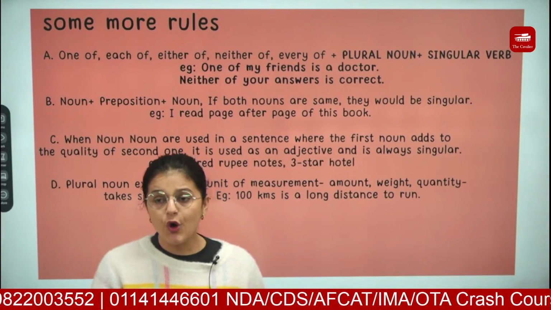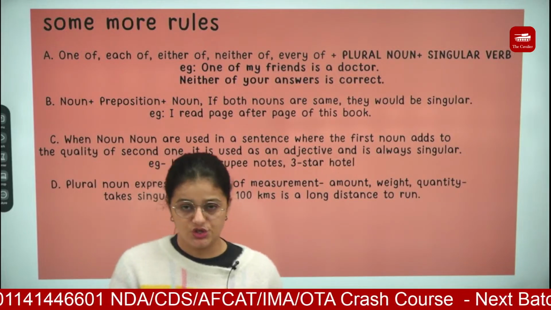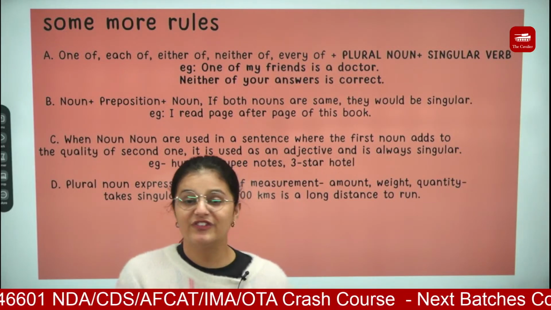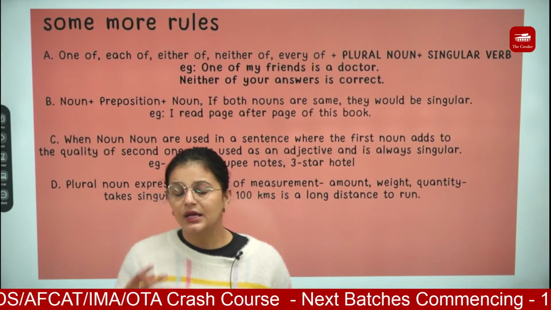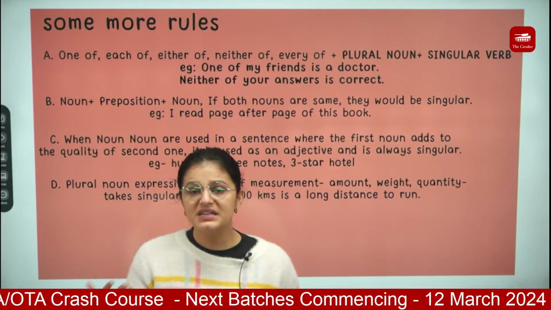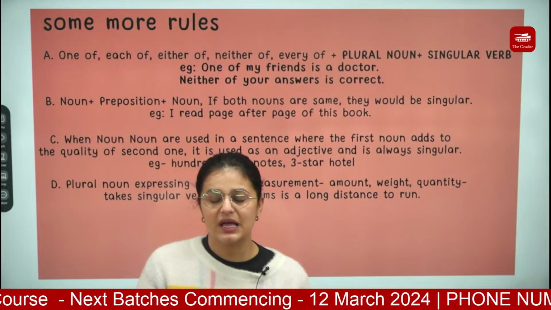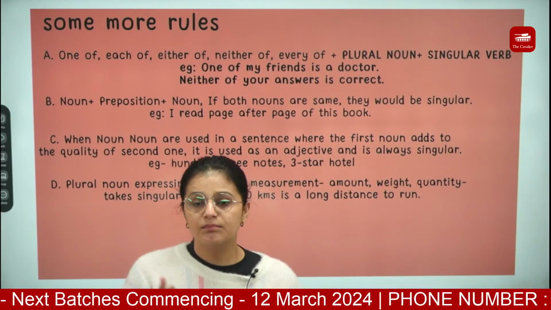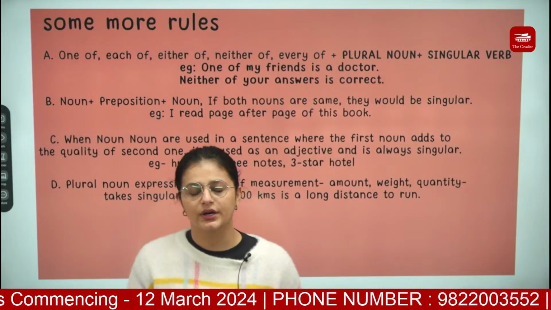Second, nouns that look plural but are singular, like names of subjects: mathematics, politics, economics. Then names of diseases like mumps, rickets. Third, names of games like tennis, cards, innings. All these are singular.